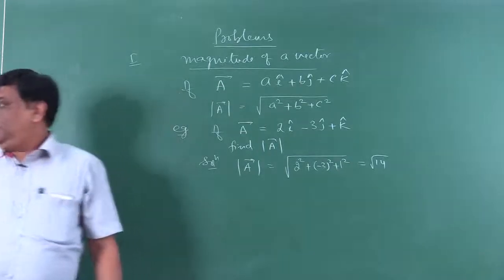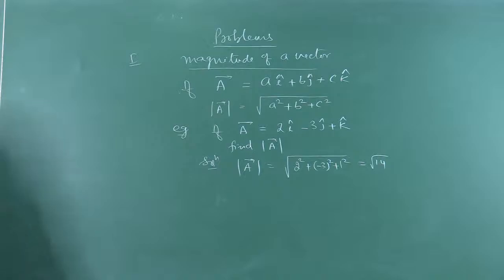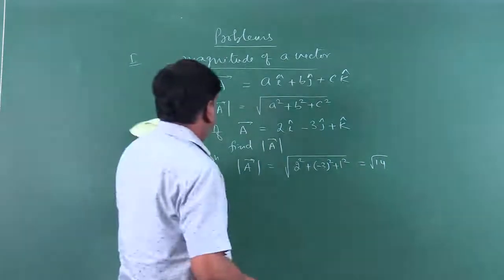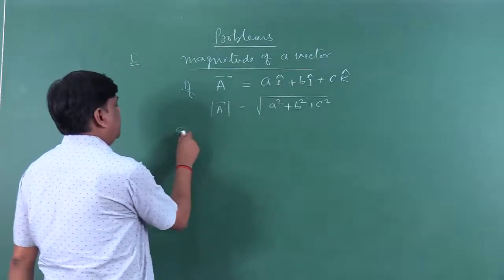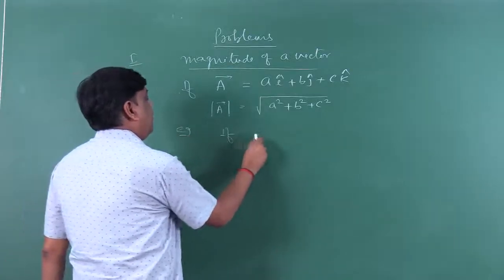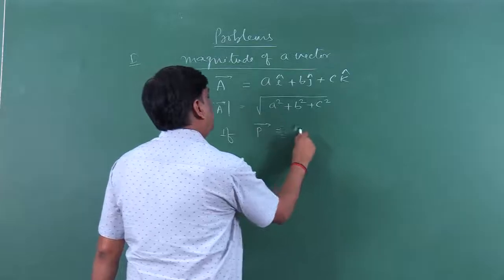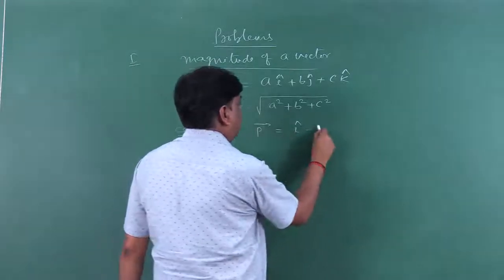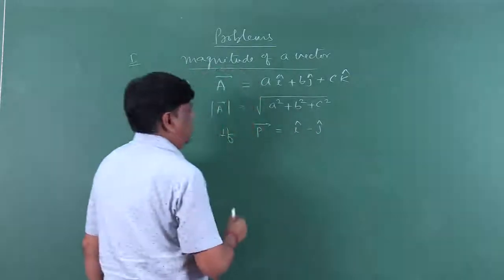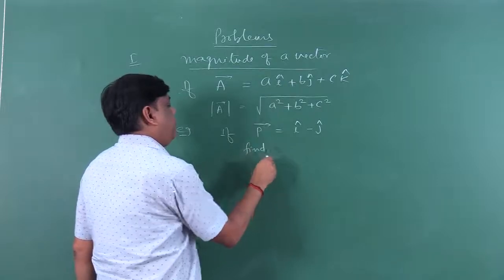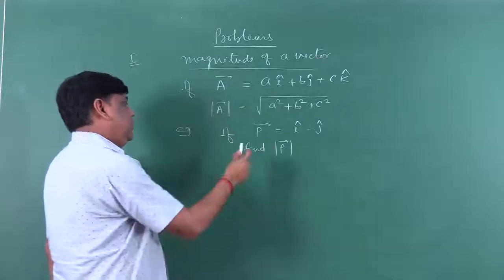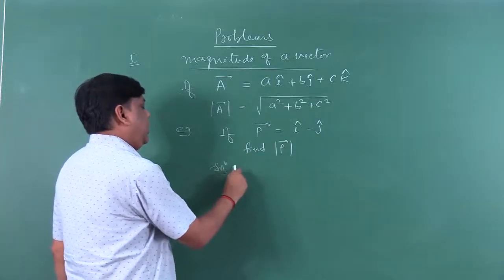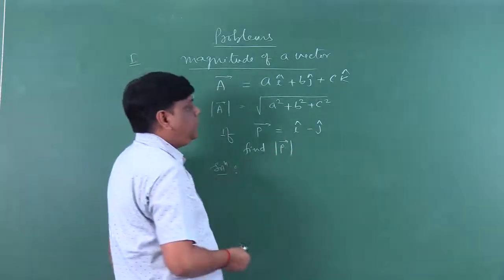Clear? Let us take another example. If P vector is equal to i cap minus j cap, find magnitude of P. That means what will be the magnitude of P. So in a similar way we can say here now the k component is absent.